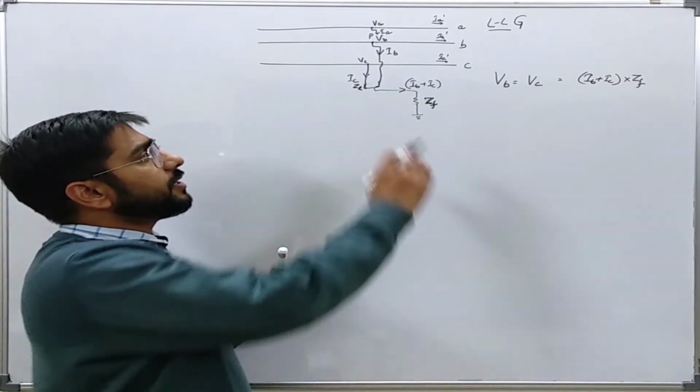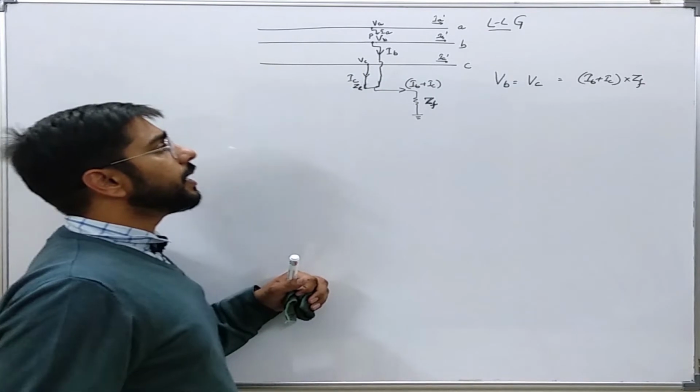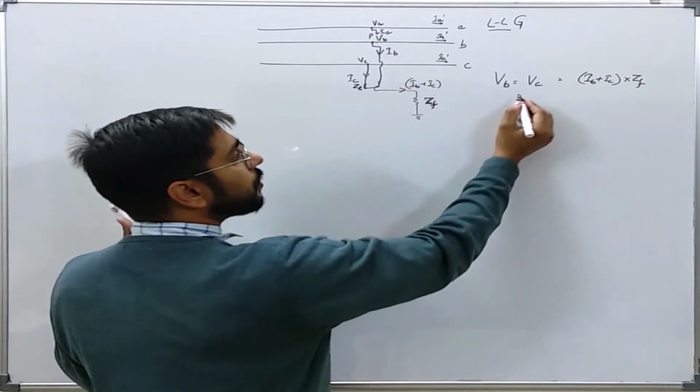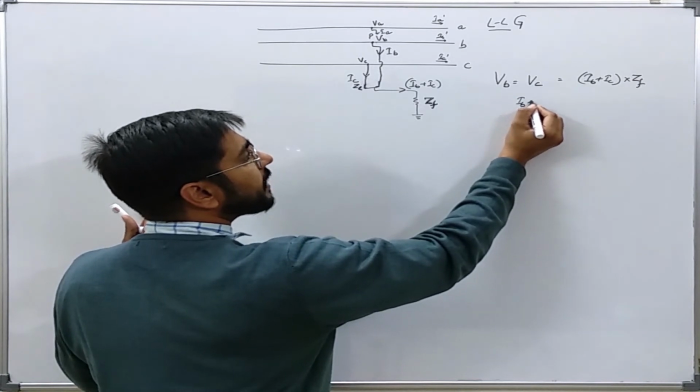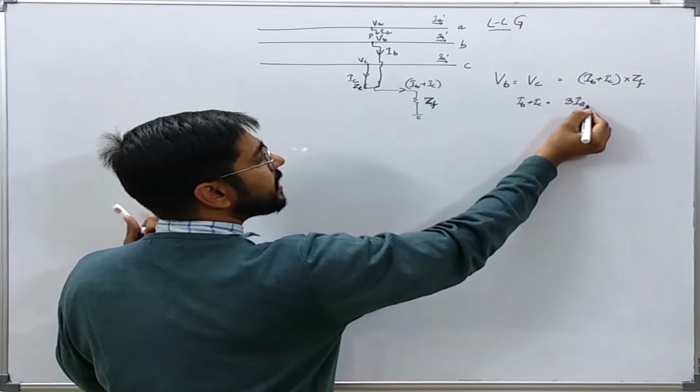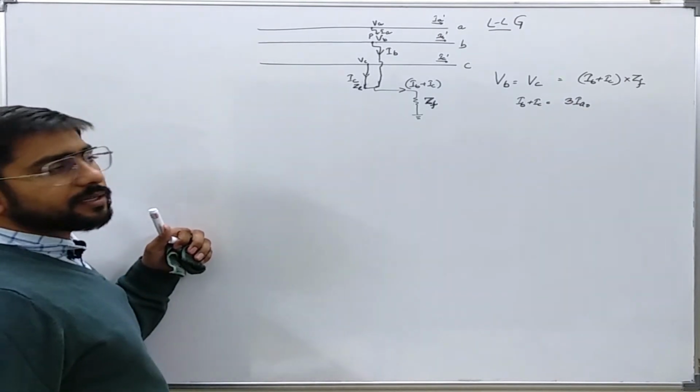Okay, you can clearly see from this network. Now we know that IA is equal to 0, so IB plus IC is nothing but 3 times IA0, the zero sequence current.